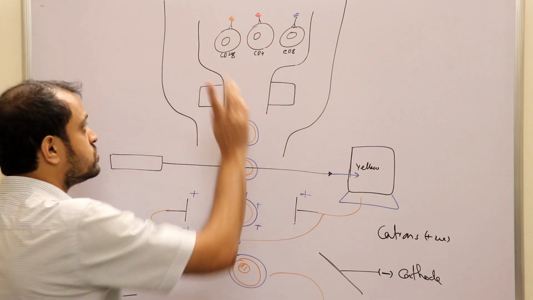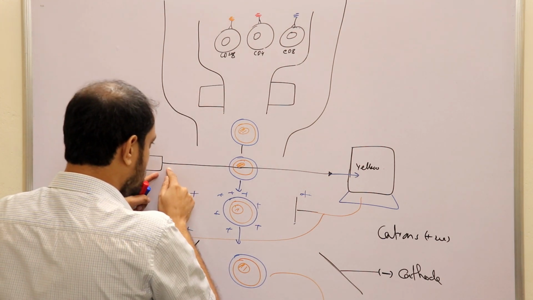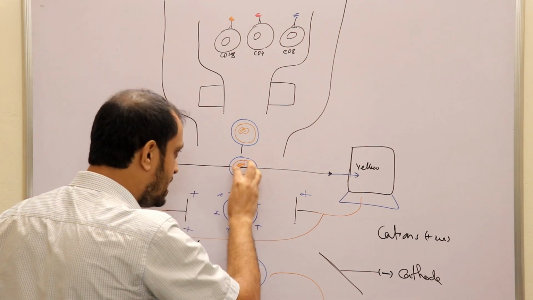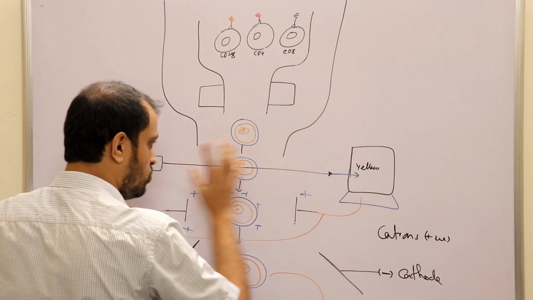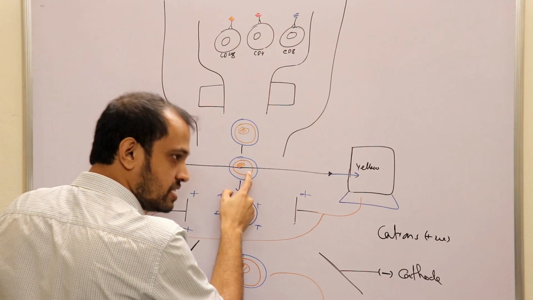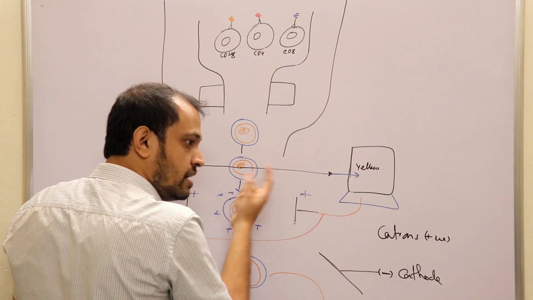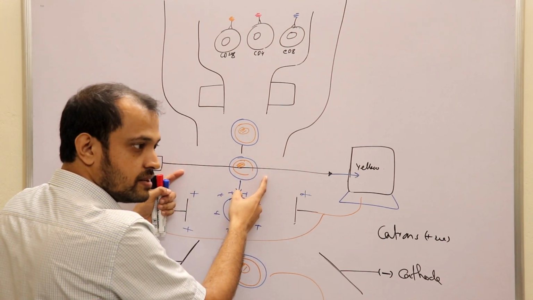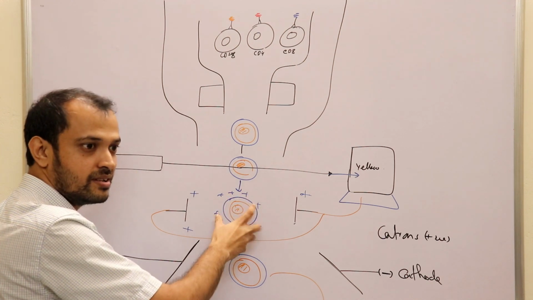Now we have told the computer that whenever you are interacting with a cell which is giving out yellow light after interaction with the laser, it should be charged positively. Its droplet should be charged positively.